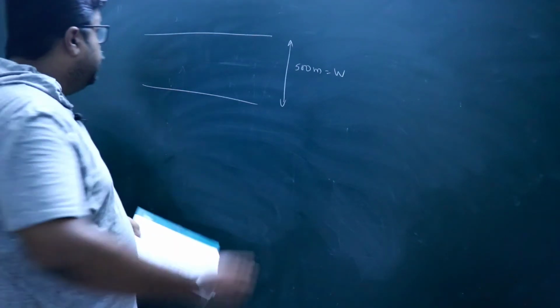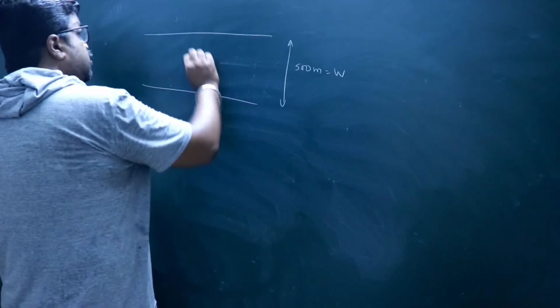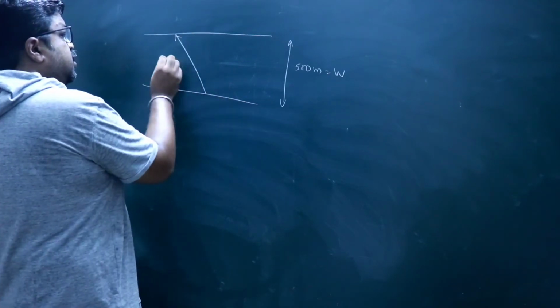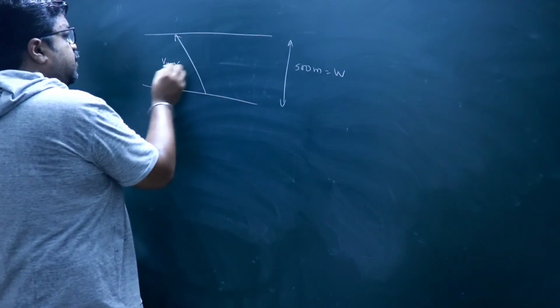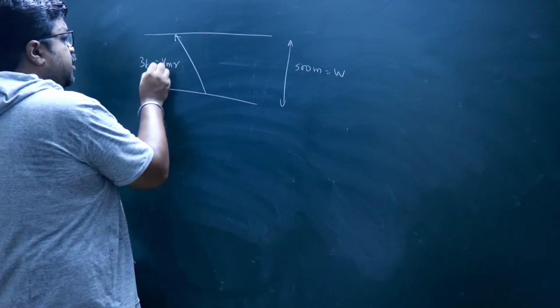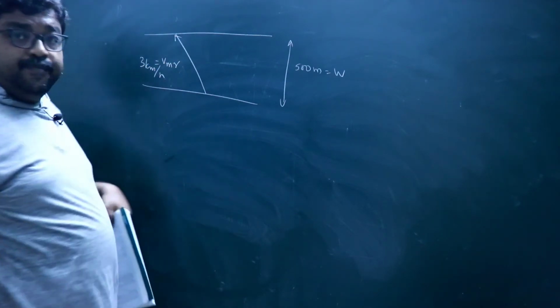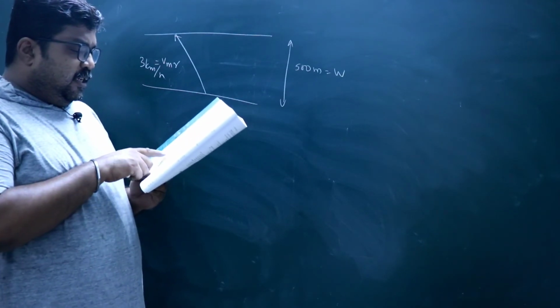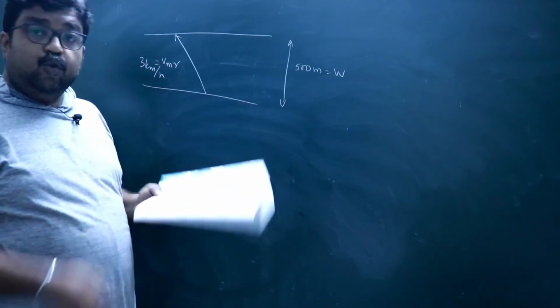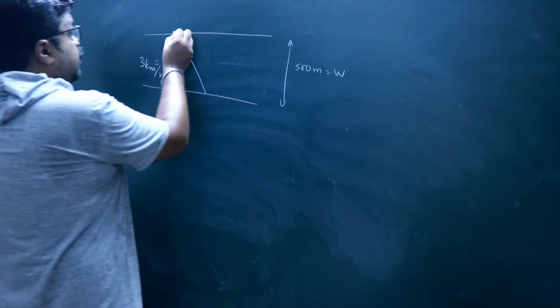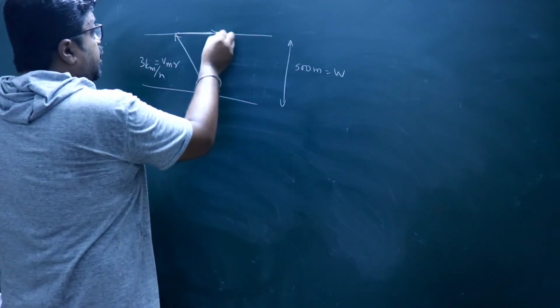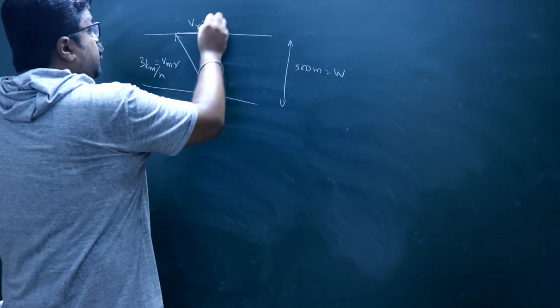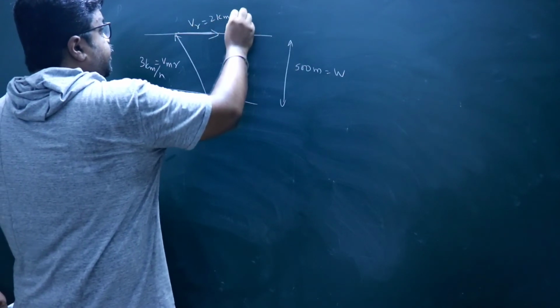So velocity in still water is also the velocity with respect to river. So this is velocity of man with respect to river, and it is given to be 3 km per hour. He wants to cross a river that flows at 2 km per hour. So the river is flowing at velocity 2 km per hour.